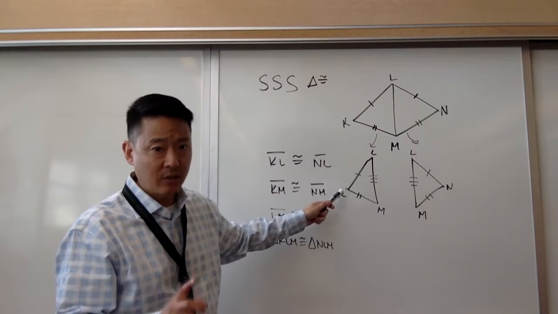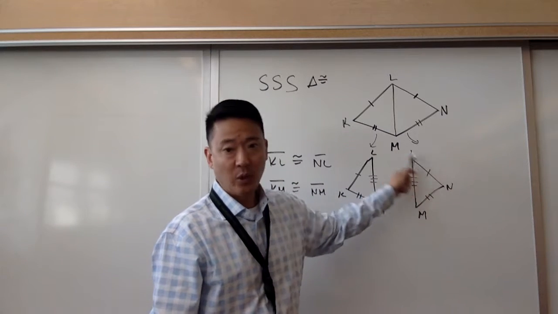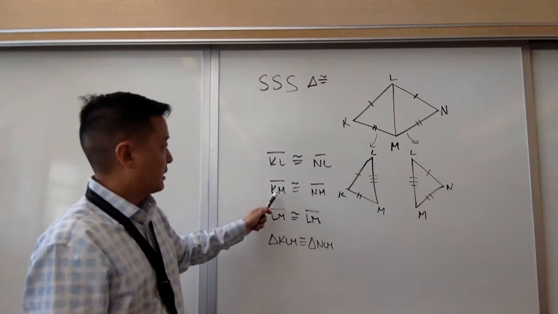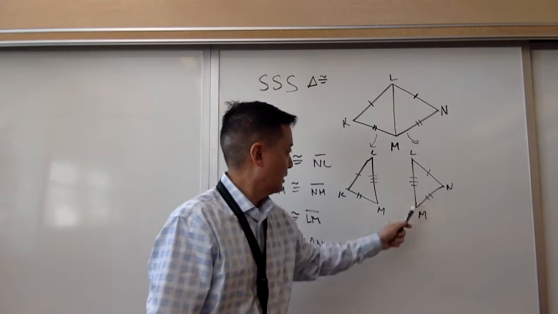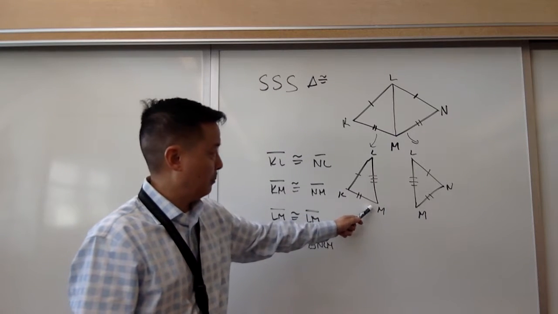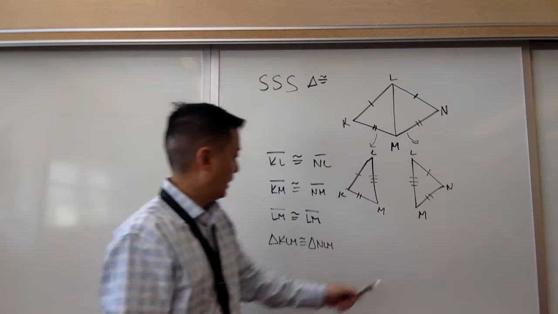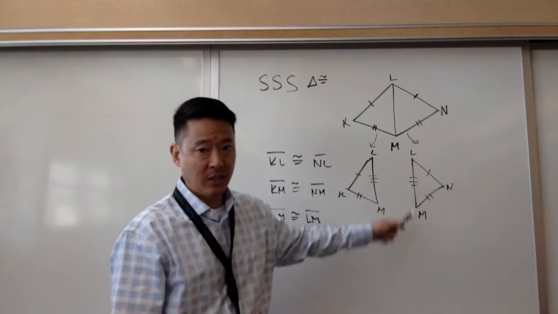It's the one with one congruence mark. It is congruent to segment NL, the one with one congruence mark. Segment KM, this one here at the bottom with two congruence marks, is congruent to segment NM. Notice we went from K to M, we went from N to M. Segment LM, this way, is congruent to segment LM.